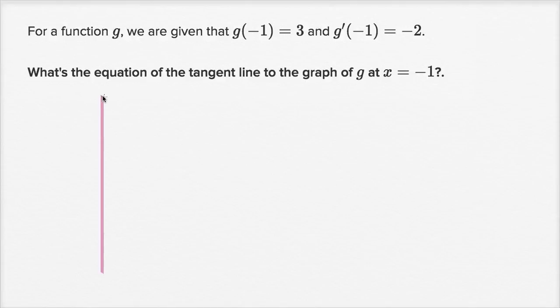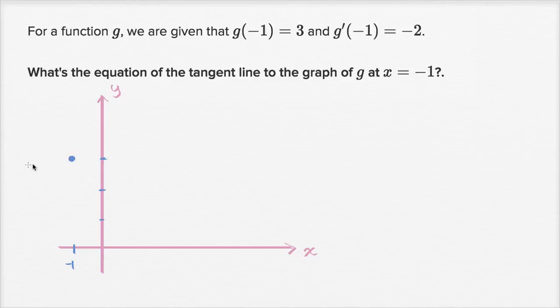So we have our y-axis, we have our x-axis. We are given that g of -1 is equal to 3. So the point (-1, 3) is on our function. This is -1, and then we have 1, 2, and 3.